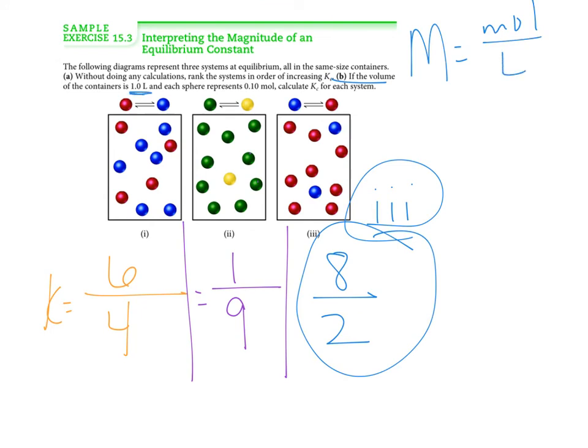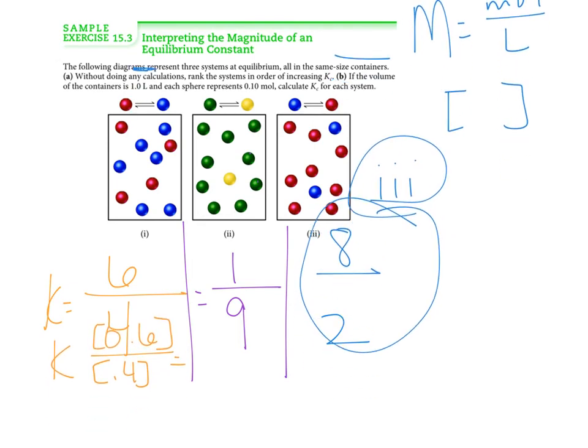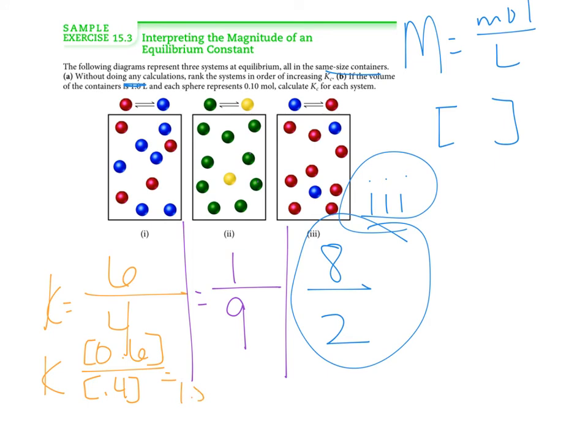So whatever moles we have is going to be over 1, and our symbol for molarity is brackets. So over here, we're going to have 0.6 molarity over 0.4, so Kc would be equal to 1.5.